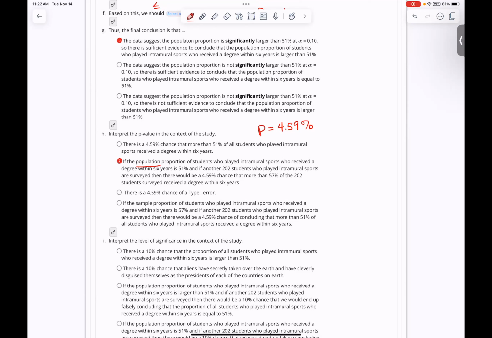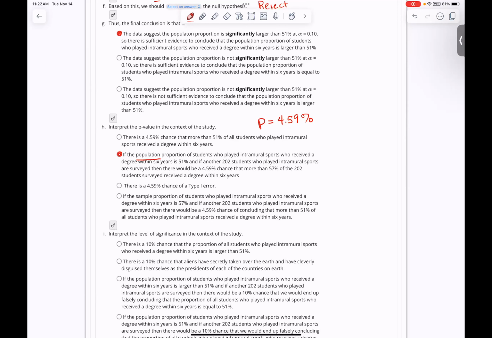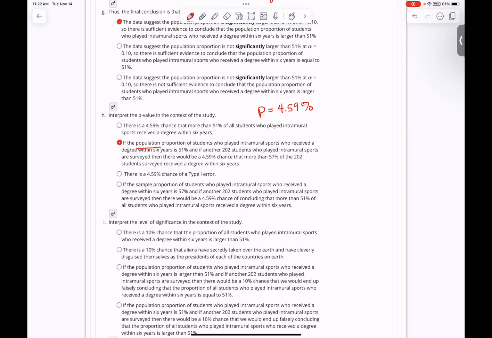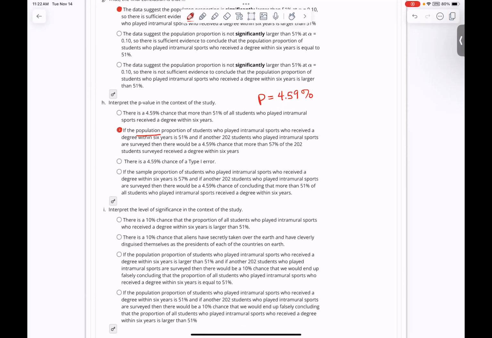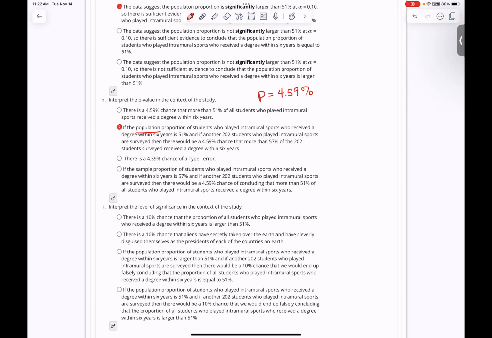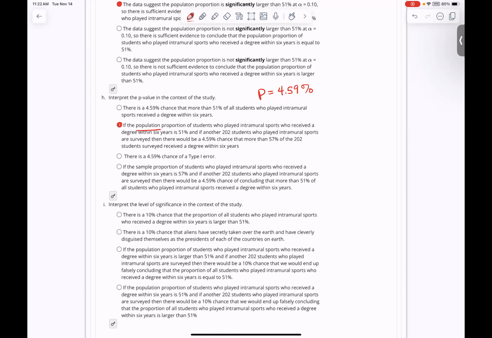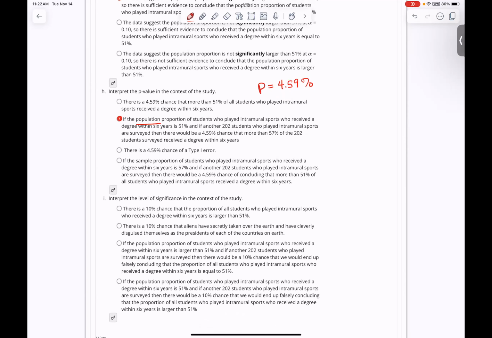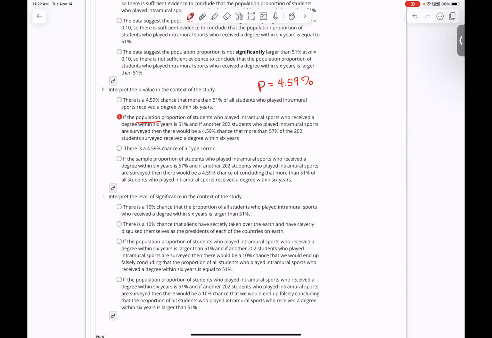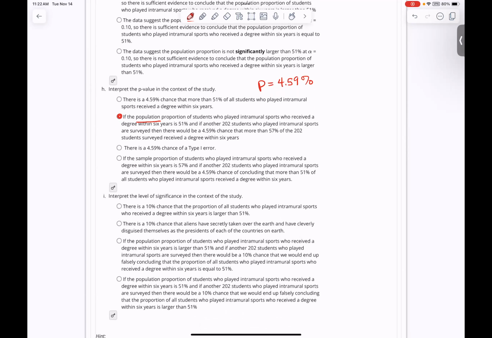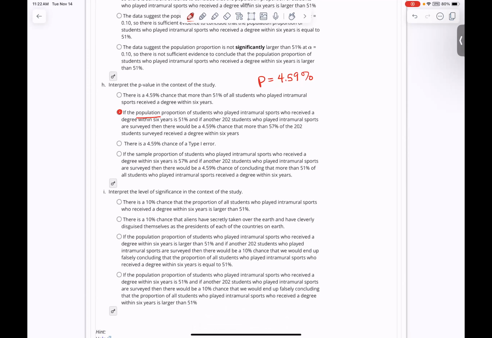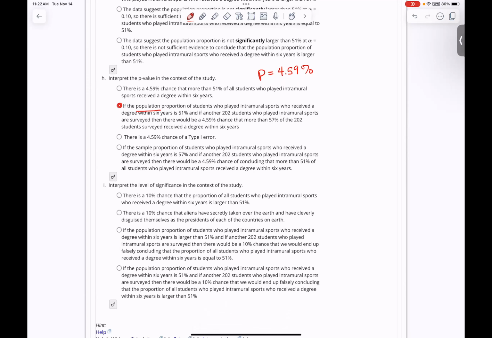So that has to be the choice that you have there. If the population proportion of students who played intramural sports who received a degree within 6 years is 51%, and if another 202 students who played intramural sports are surveyed, there would be a 4.5% chance that more than 57 of the 202 students surveyed received a degree within 6 years.